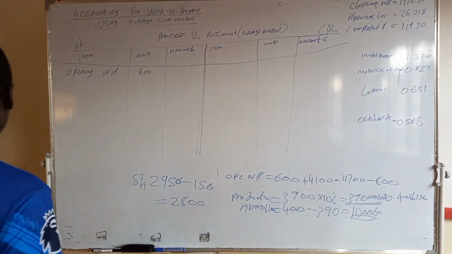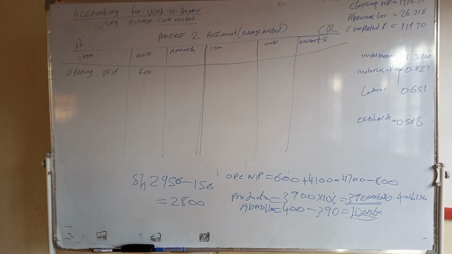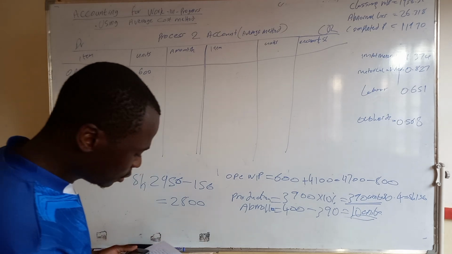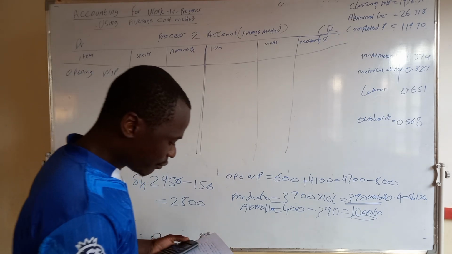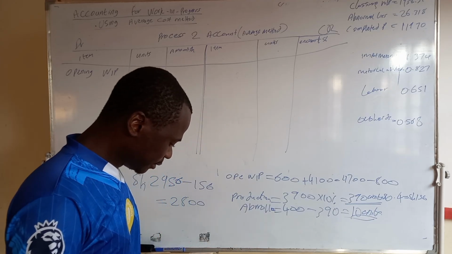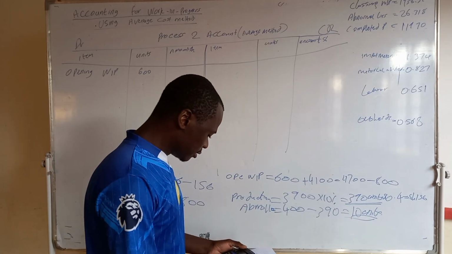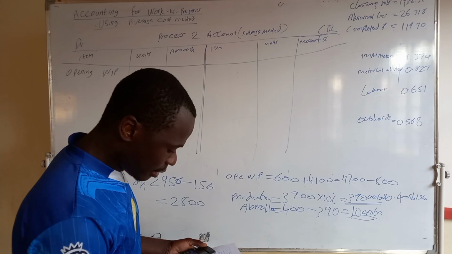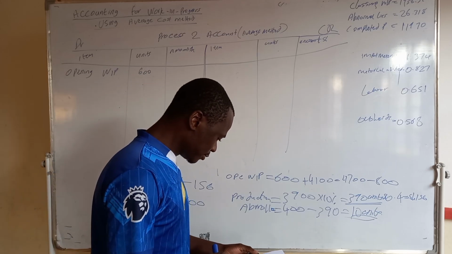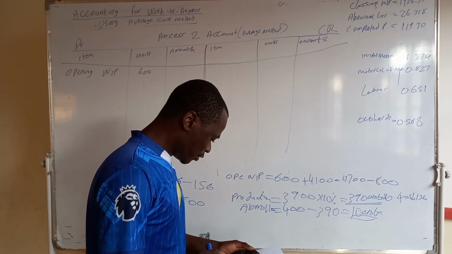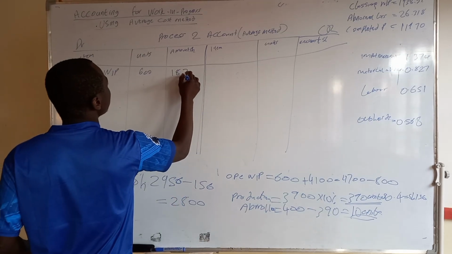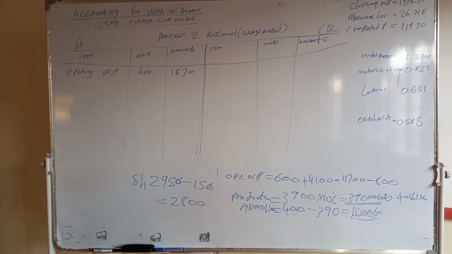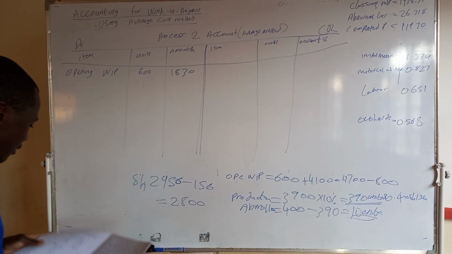Now we simply add: 720 plus 500 plus 340 plus 270. Here we get 1830.